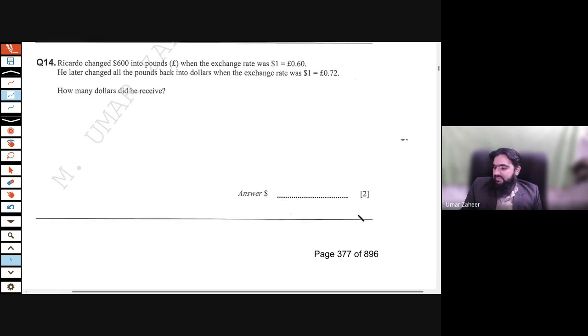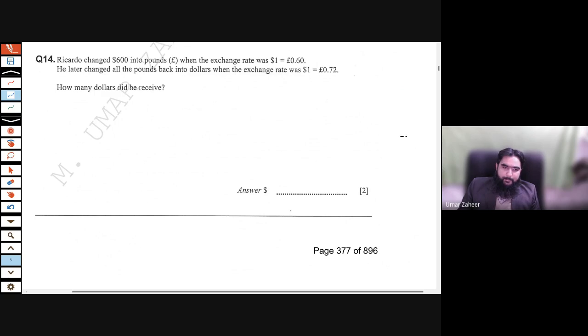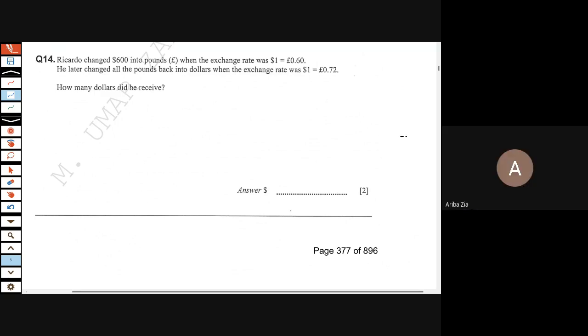Yes, Ariba, please read the next question. Ricardo changed $600 into pounds when the exchange rate was $1 is equal to 0.60 pounds. He later changed all the pounds back into dollars when the exchange rate was $1 is equal to 0.72 pounds. How many dollars did he receive?